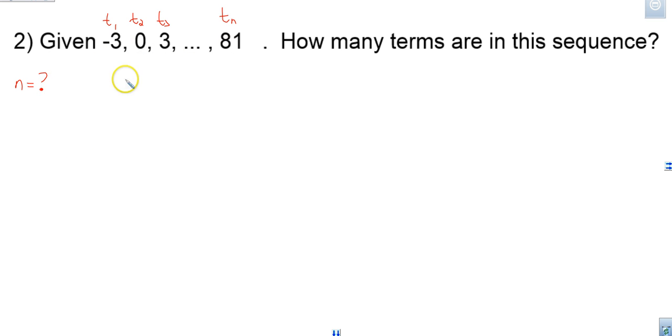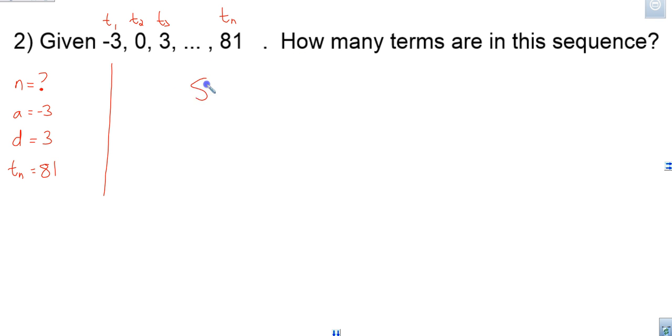So what we do know from this information, our first term is negative 3. Our common difference, now we can see from the pattern, what are we adding? We're adding 3 each time. Now what I also know is that term n, that final term, is 81. The formula starts with term n is equal to.